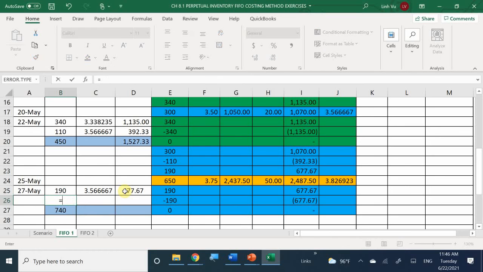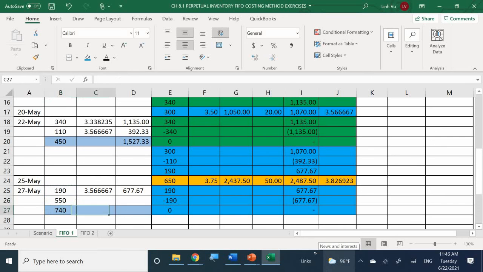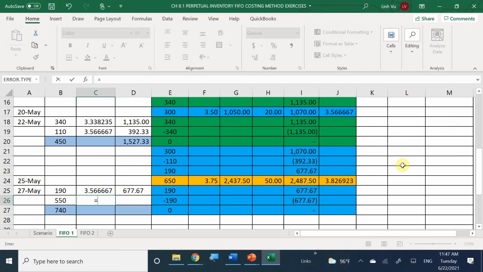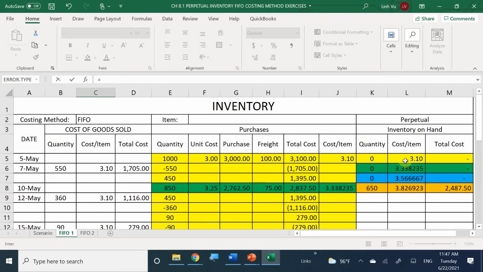So I took 740, my end goal. If I'm getting rid of 190, how much is going to be remaining that I need to take out? 550. Correct. So what is my cost per item for my orange batch? 3.826923. Correct.